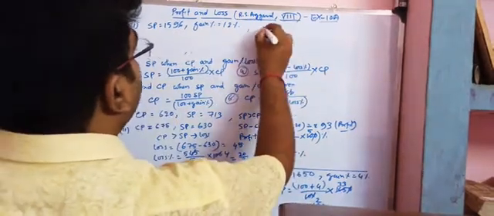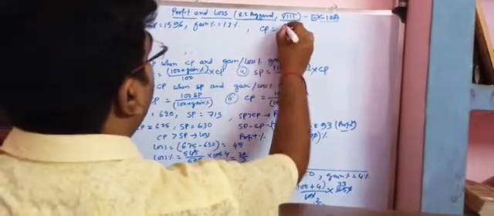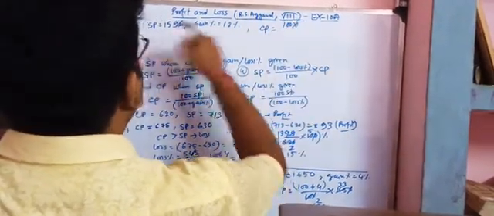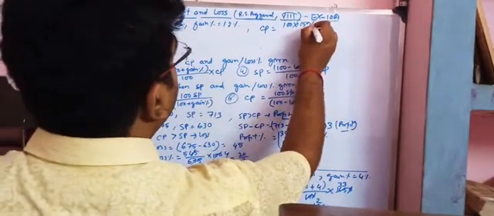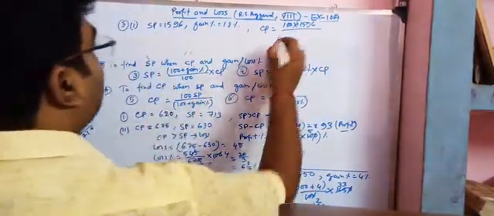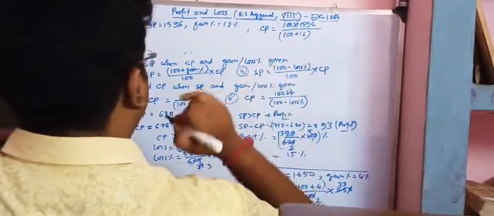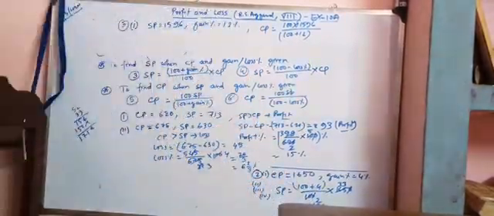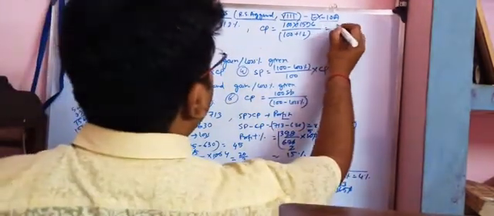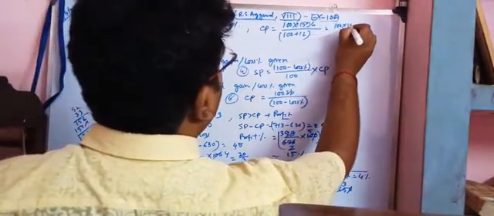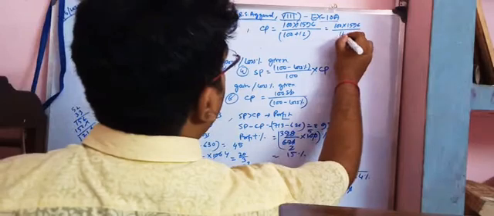CP is equal to 100 into SP, 1596, by 100 plus 12. So if we calculate that, 100 into 1596 by 112.